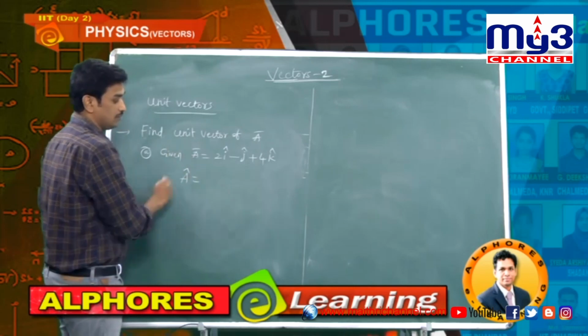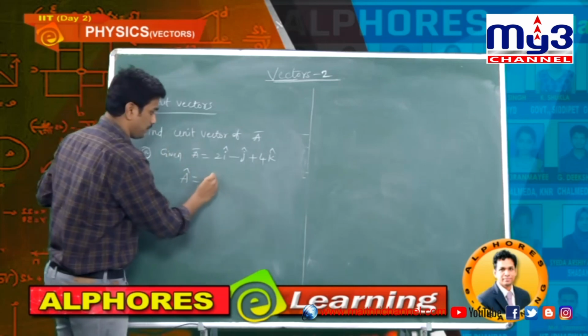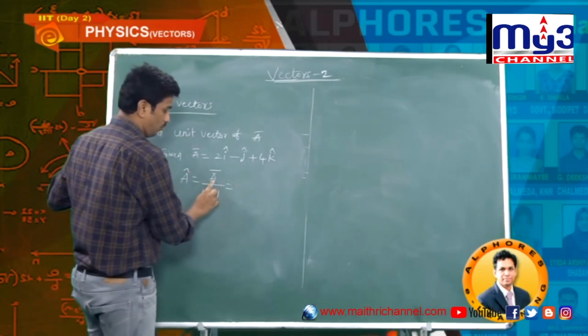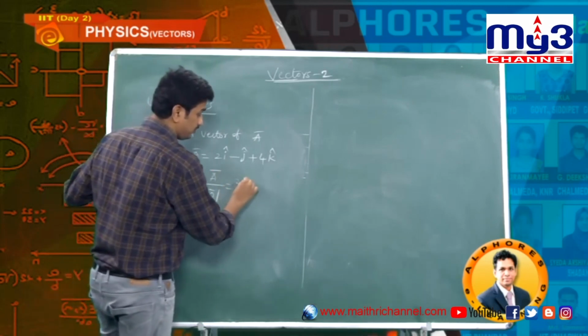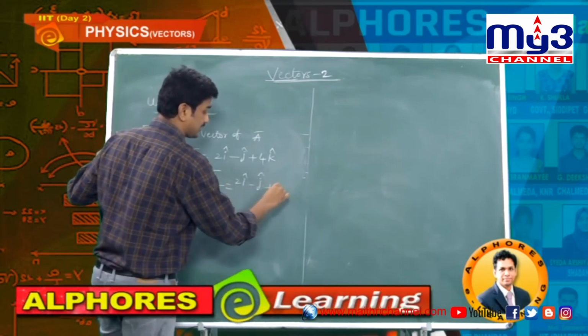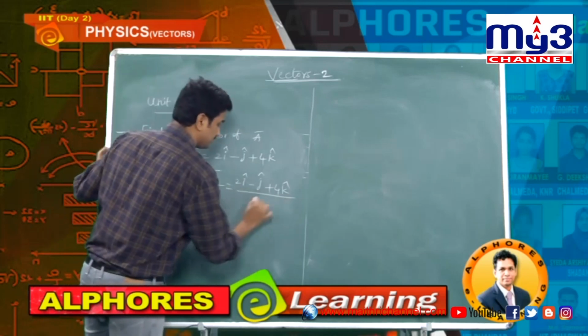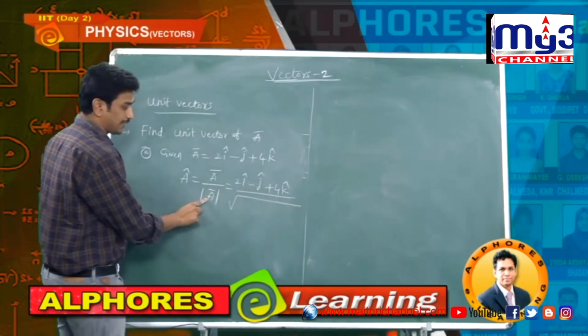A cap, you know the definition of A cap? A bar by mod A bar. What is A bar? This only: 2 I cap minus j cap plus 4 k cap, under root. What is the magnitude of A bar?